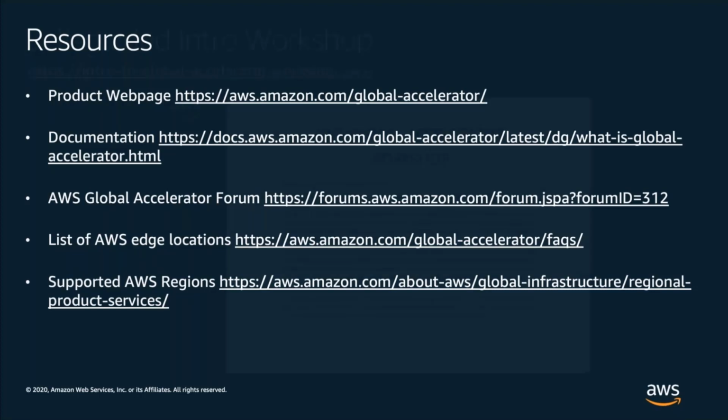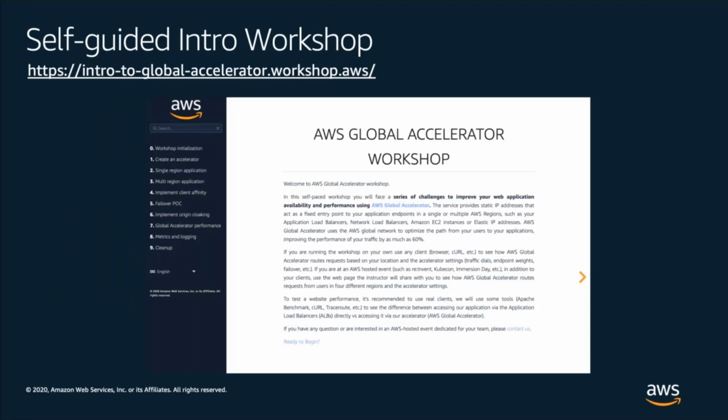Another new resource that I want to make sure I mention is that we just created a self-guided introduction to Global Accelerator workshop. It guides you through how to create an accelerator, how to set up a single-region and multi-region application with Global Accelerator, how to use client affinity, how to do regional failover, how to use origin cloaking and keep your load balancers or EC2 instances private, how to test performance, and how to look at metrics and logging.